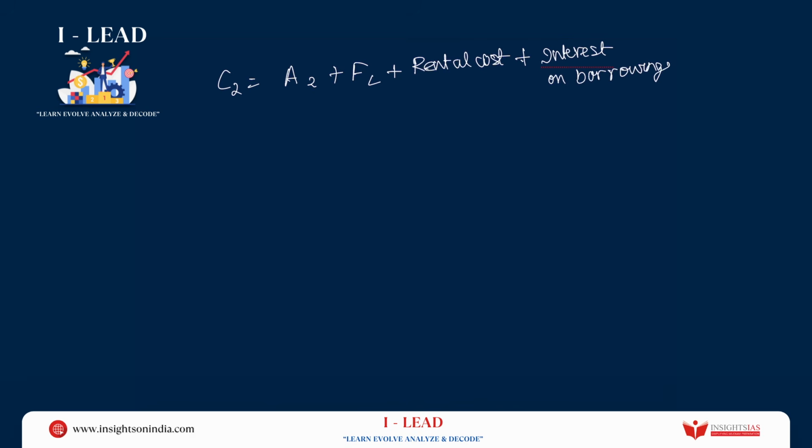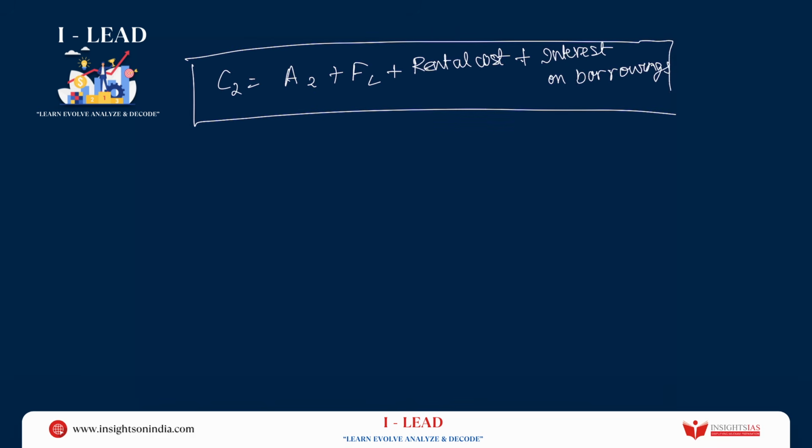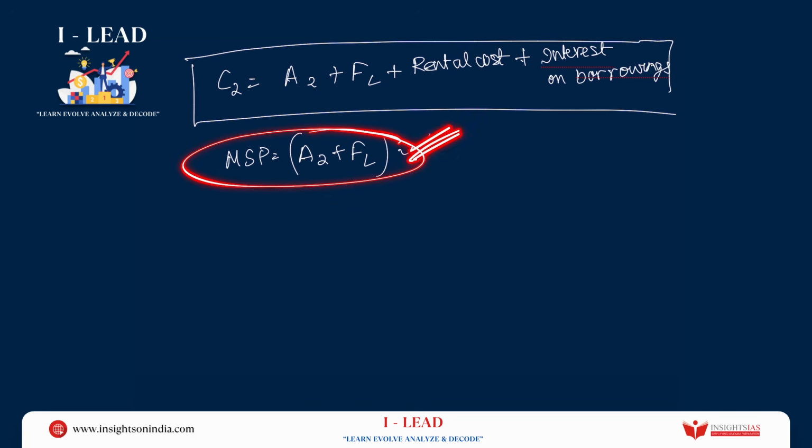So when all of this is taken into consideration, you arrive at the formula of C2, right? Now, MSP is nothing but A2 plus FL. This is what the government is currently giving.